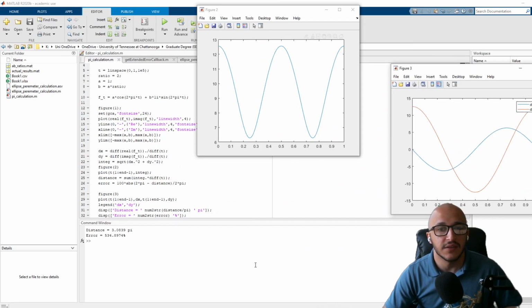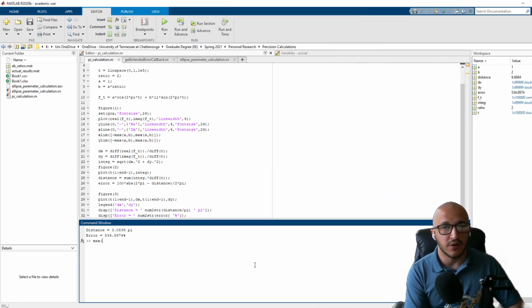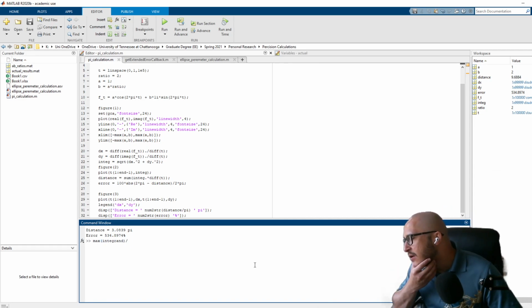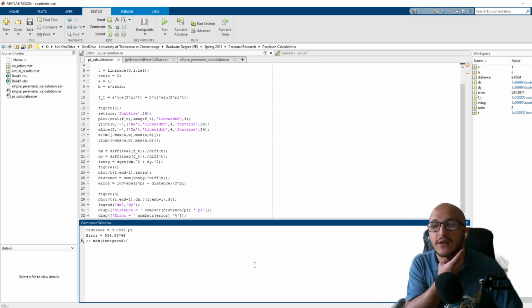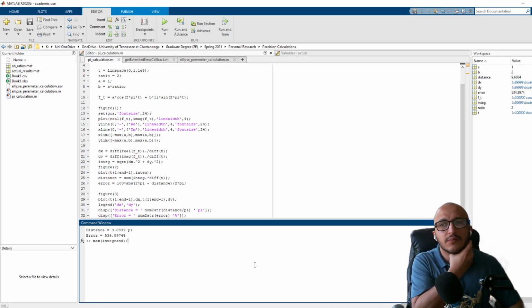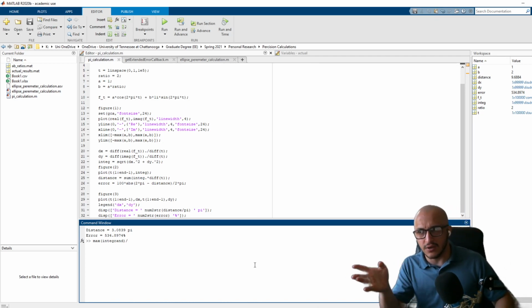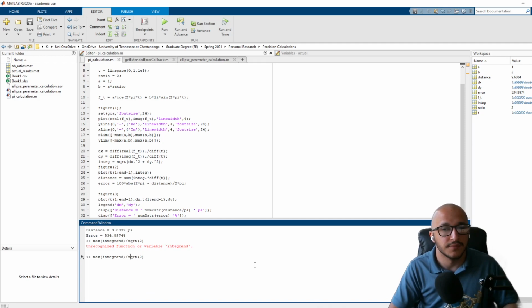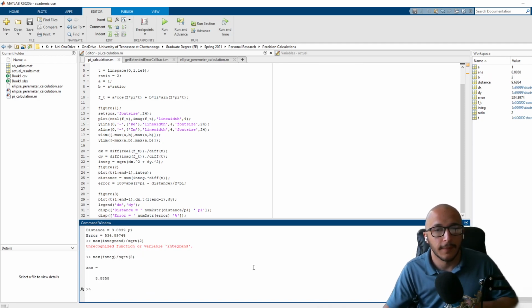And I think if you take the maximum of the integrand and find the r, so you have a peak to peak value, I think it's the peak to peak value divided by 2 divided by the square root of 2, which is the RMS value. So the max of the integrand divided by the square root of 2 gives 8.8.